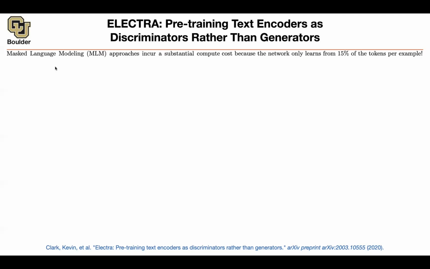So far, we were doing masked language modeling or next word prediction type of tasks. But for masked language modeling, BERT type of approaches, this is what ELECTRA is going to be based on. You are masking 15% of the tokens per each sentence or per each sequence.